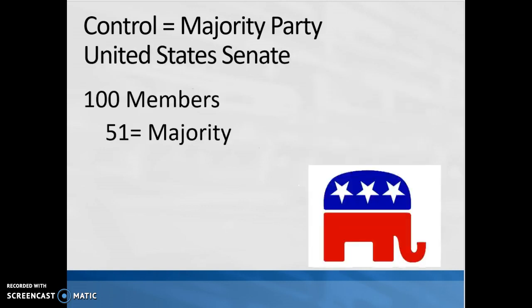So moving over to the Senate, the same Republican control there. With only 100 members in the Senate, you need fewer to have a majority. There's 100 because there are 50 states. If a new state was created or joined the United States, then we would see that number go up.